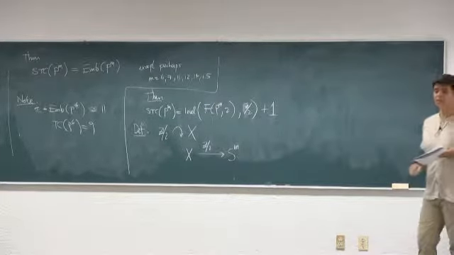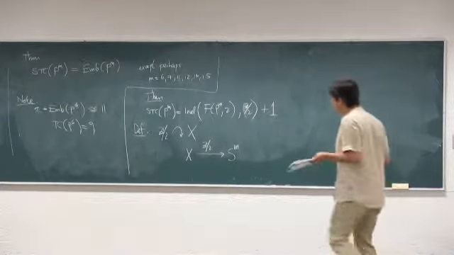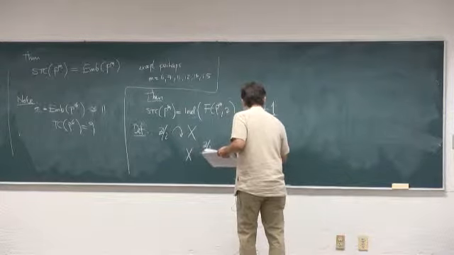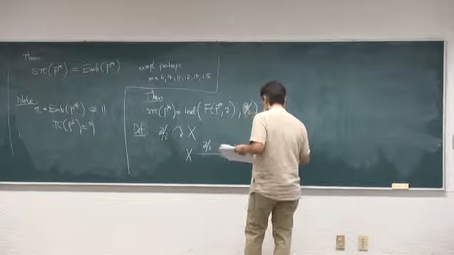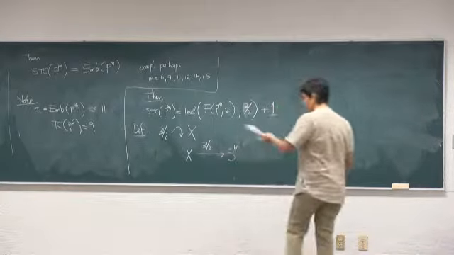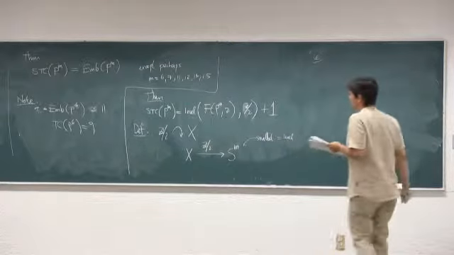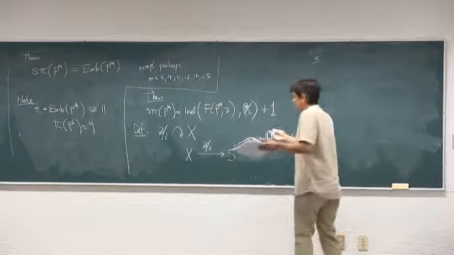And the smallest such m is the level of this involution. In other words, the smallest such m equals the level of this involution for X.